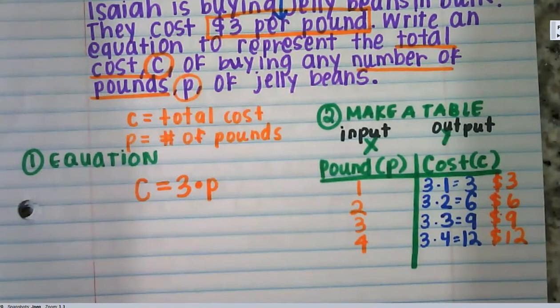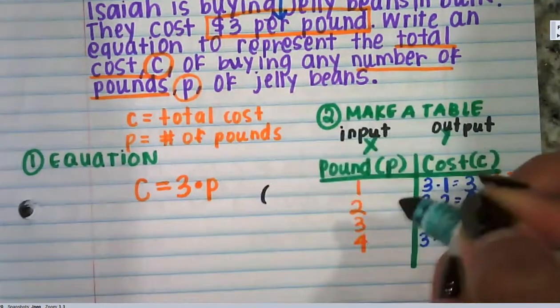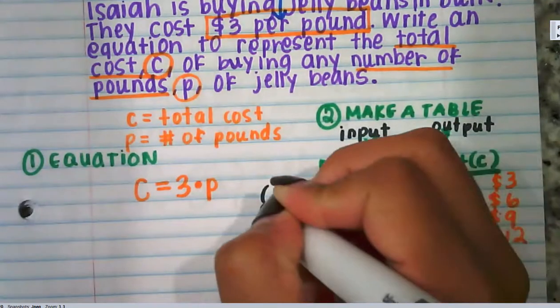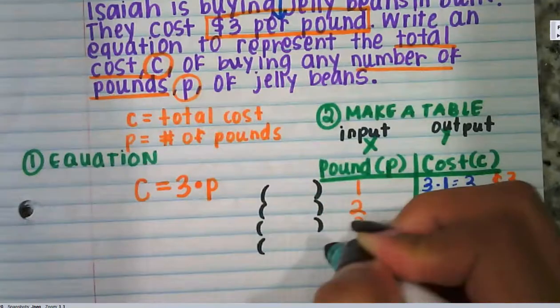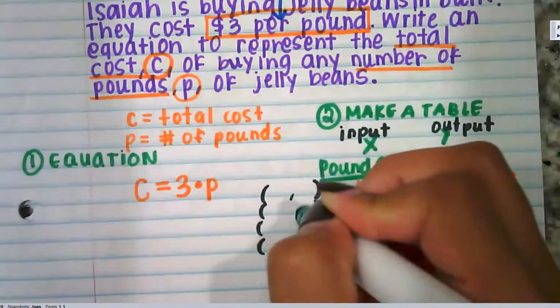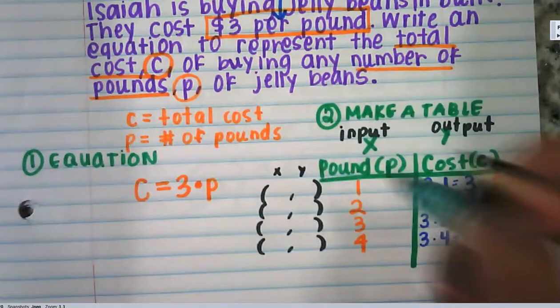Now we need one more thing from this table. We need our ordered pairs so that we can graph it. So let's write our ordered pairs. Just to remind you, our ordered pairs go in parentheses. And we have essentially our x value and our y value.